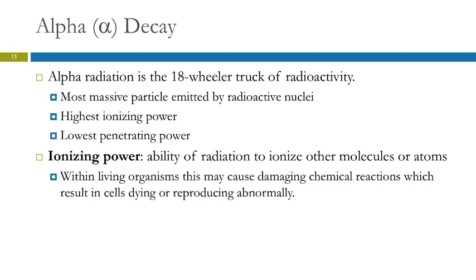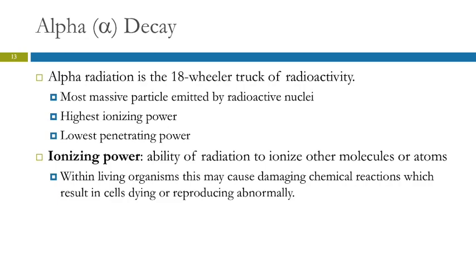We use an analogy with vehicles to help us remember some of the characteristics of the different types of radiation. First, ionizing power, which is the ability of radiation to ionize other molecules or atoms. If you get bombarded with radiation, it can cause the molecules in your body to become ions.